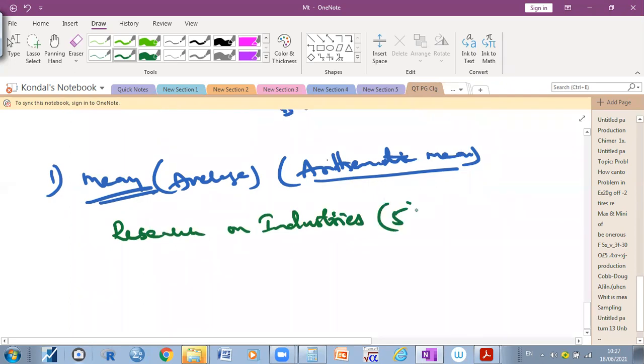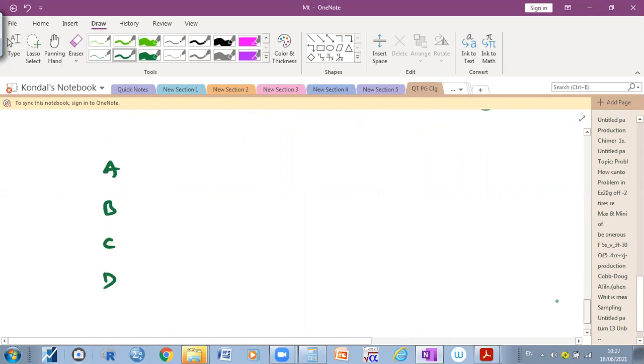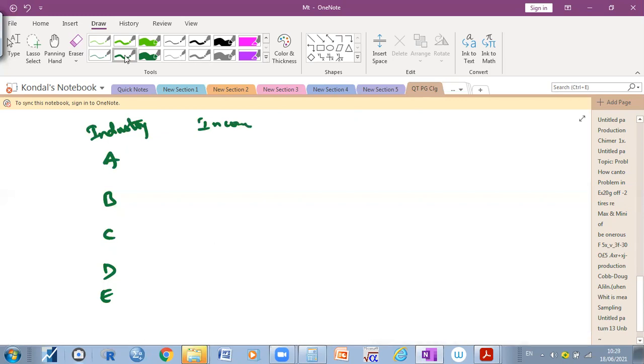For example, A, B, C, D, E industries. When you are going to study industries, you are going to take the income of each industry: A income, B income, C income, D income, and E income. Can you tell me randomly how much income of A industry?